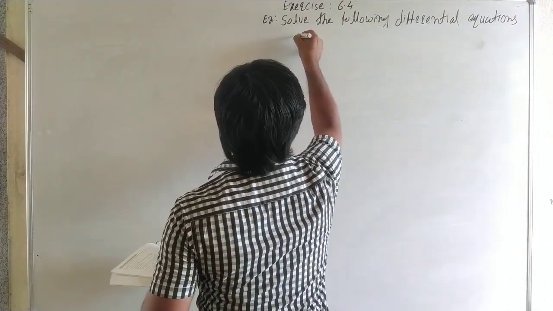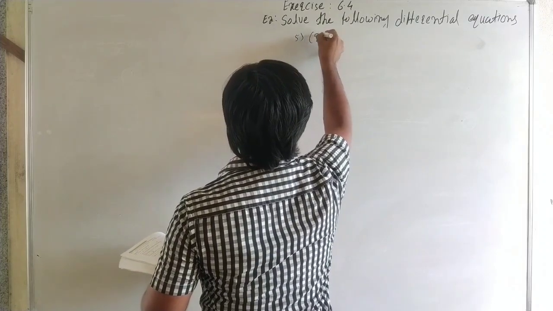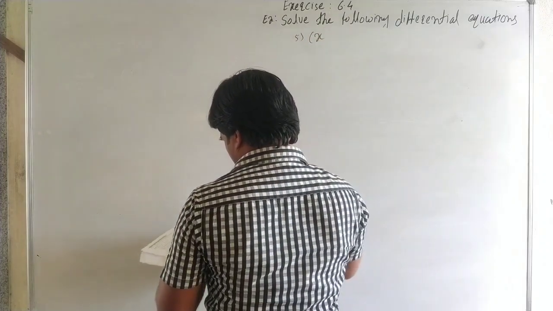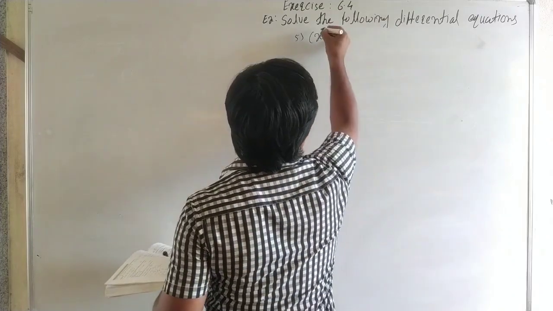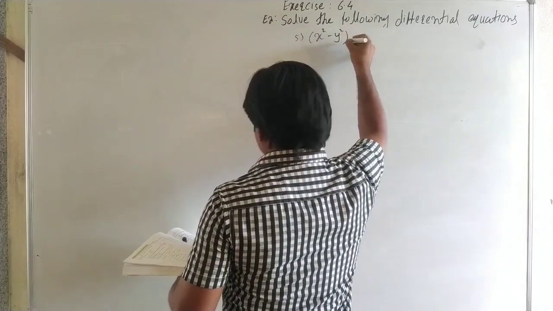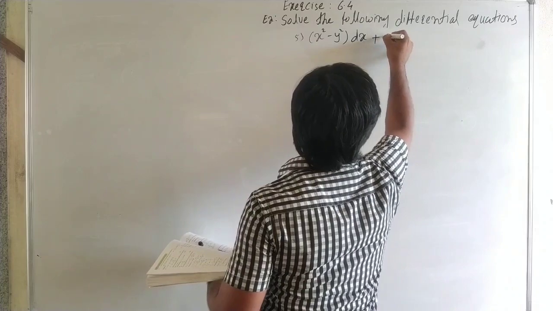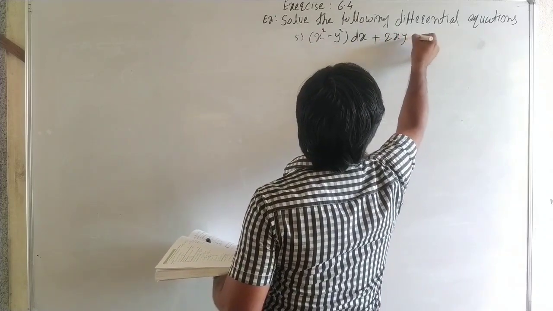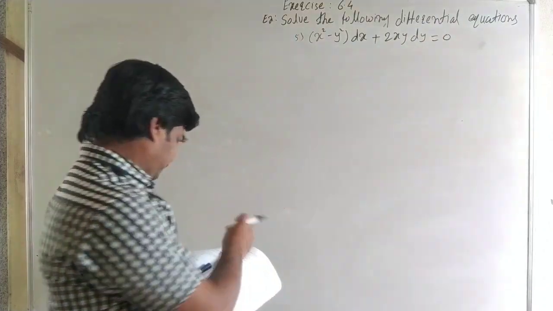Next, example number 5. x square minus y square dx plus 2xy dy is equal to 0.